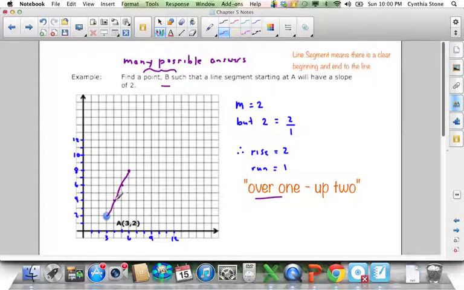Because you can't figure out what they are. Let's just say we'll make this B. Like I say, it's just one of the many choices. Its coordinates are, coming straight down here, 6 in the x and 8 in the y. So that's one of the many possible answers.